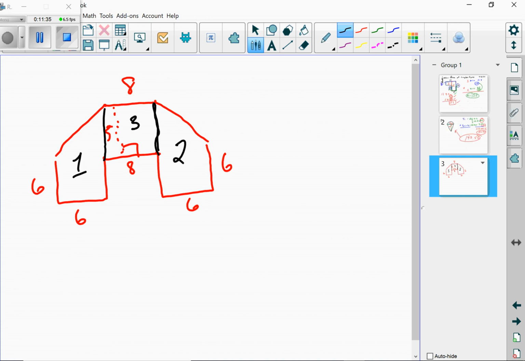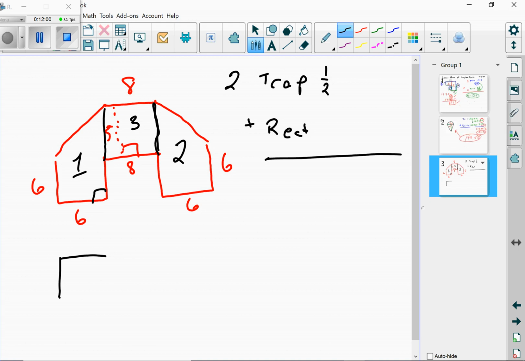Let's do this one, okay? Let's do 2 trapezoids plus a rectangle. Trapezoid, this is a long formula, right? It's half times the height times the sum of the bases. It's almost like you need to look at the trapezoid this way: 6, 6, and 6 plus 5. See if you can see where I'm getting those from.